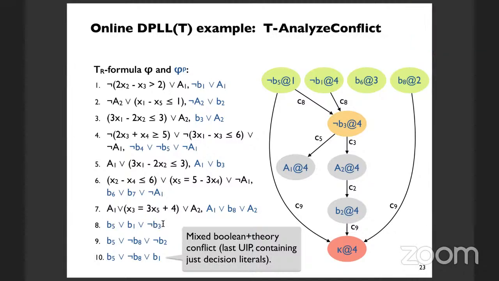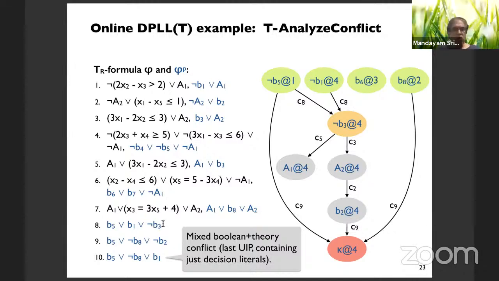But that will also stay. That will be added as theory propagated clauses to the original formula. But they'll only be used during BCP at the Boolean level. They'll not be used at the theory level, for theory solving.